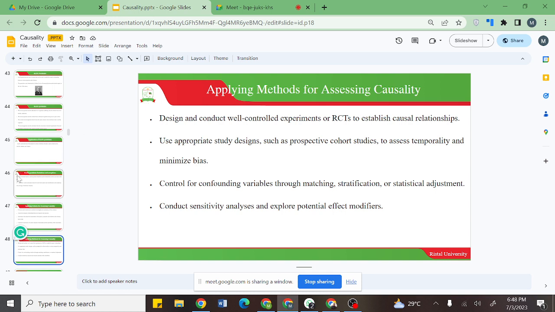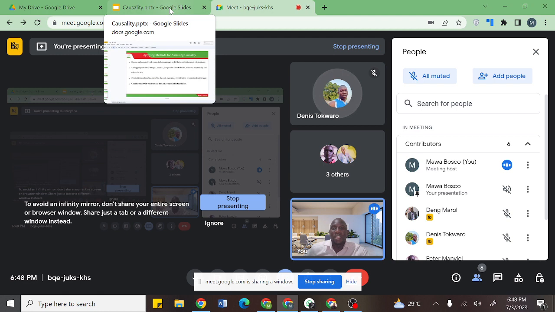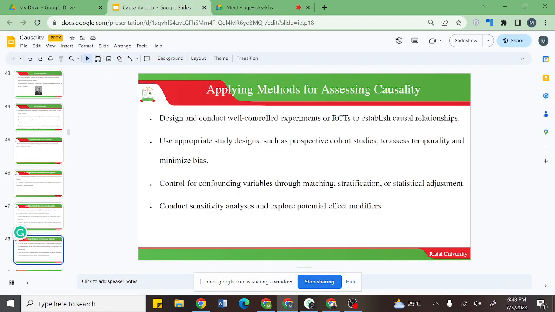So you need to design a very good study. Don't have what we call confounding factors disrupting your investigation between the exposure and the health outcome. You're going to look at all these confounding factors, and how you can take control of them.